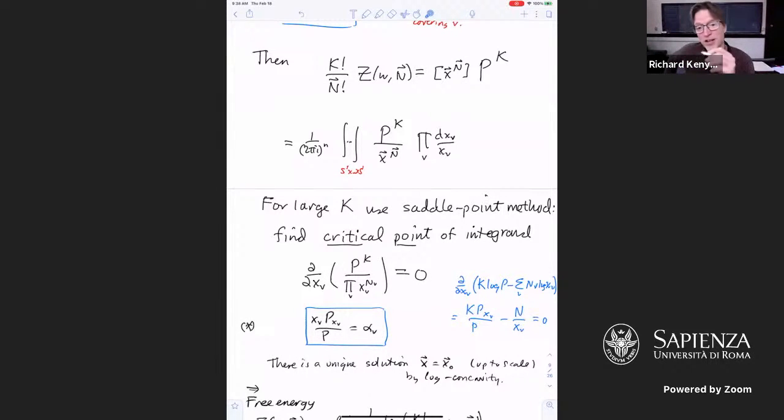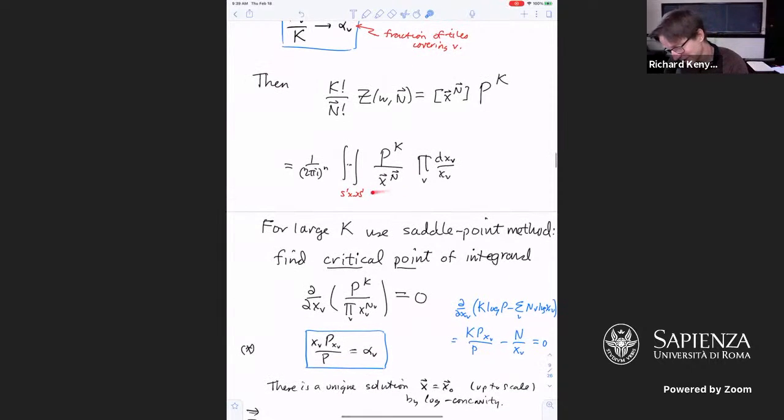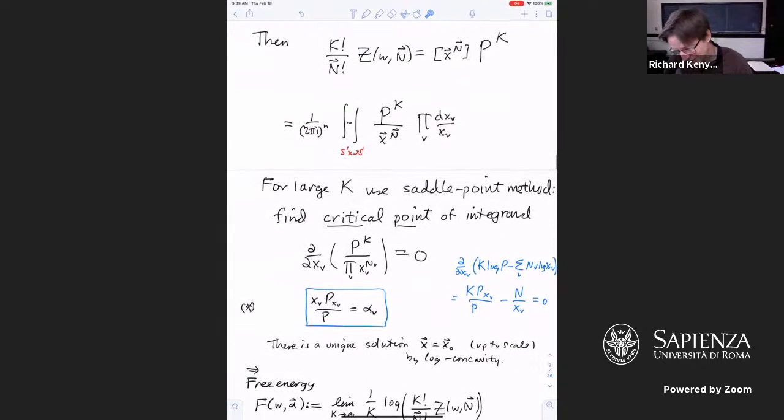So if we want to find the value of this integral here, it's well approximated by just evaluating the integrand. I mean, the exponential growth rate, at least, is just given by evaluating the integrand at the critical values, right? So we're looking for the x_v values at the critical point here.